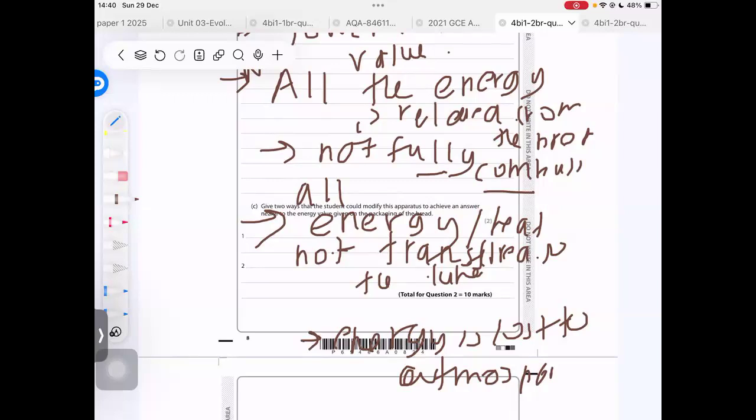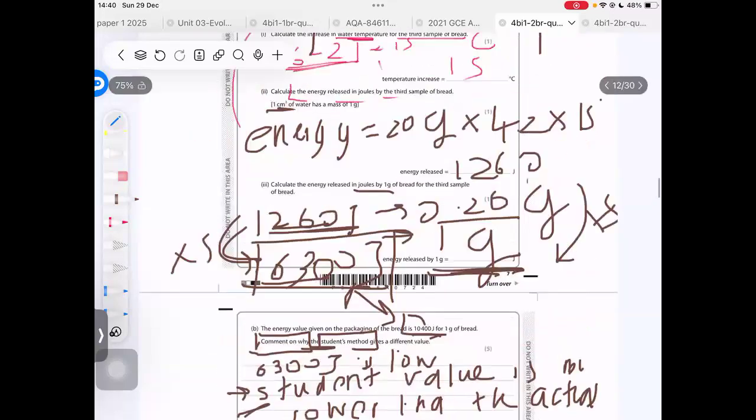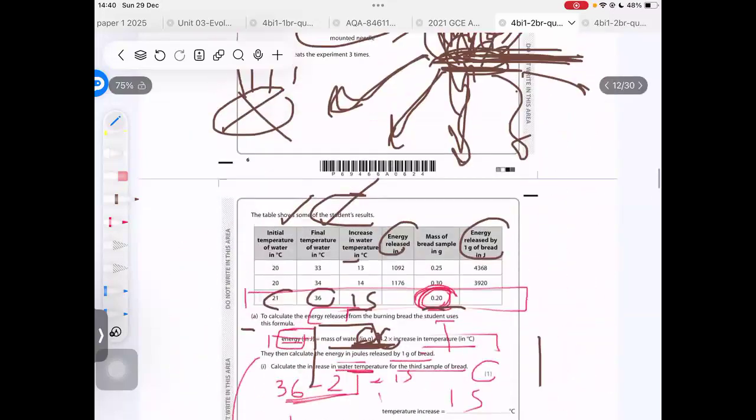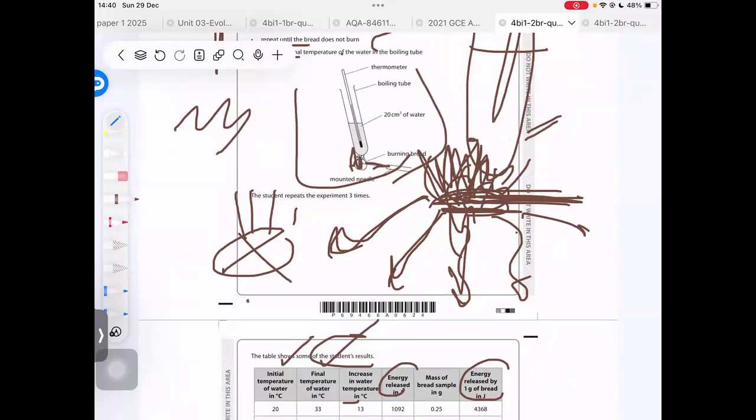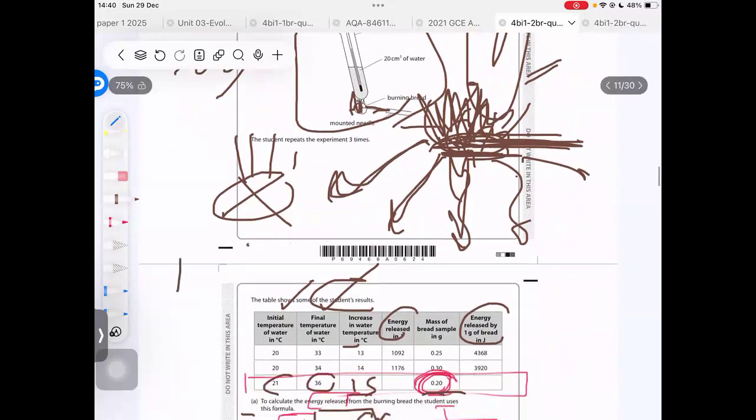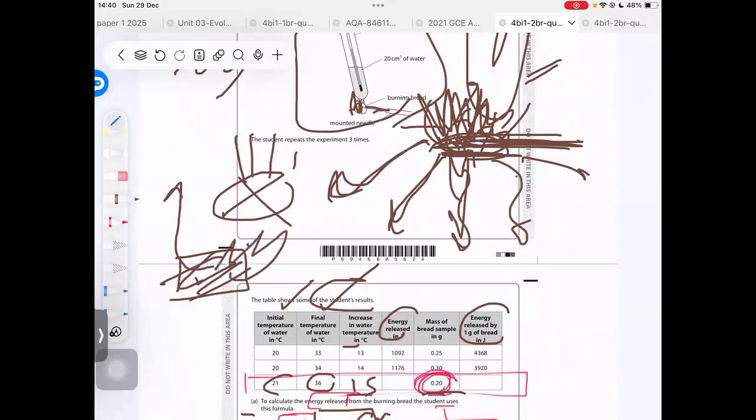And also you can see here, when you are burning a glucose molecule, energy is emitted as light as well, not only as heat. That means the energy stored in the glucose molecule is not completely given as heat. That's light energy as well.